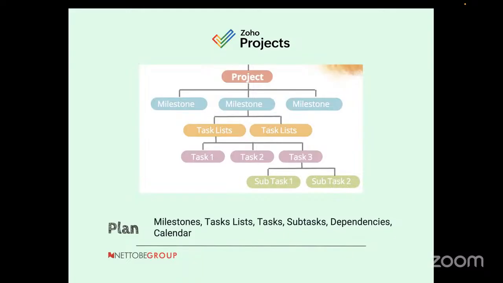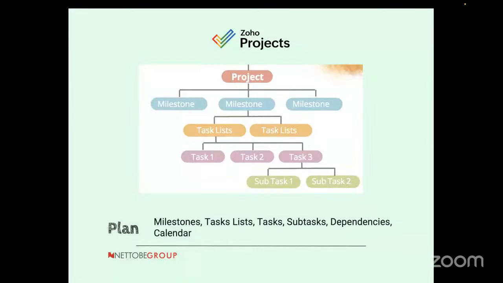Moreover, if your project is very small, you can just go ahead and directly create tasks. You don't have to break it down this way. And after you've done the breakdown into milestones, task lists, tasks, and probably subtasks, you can easily attach the dependencies.